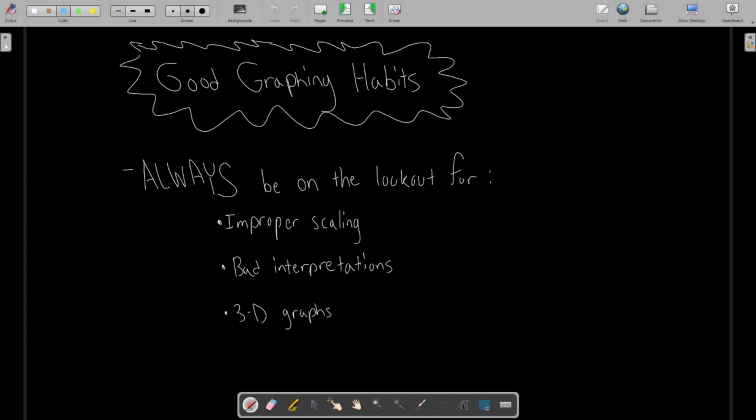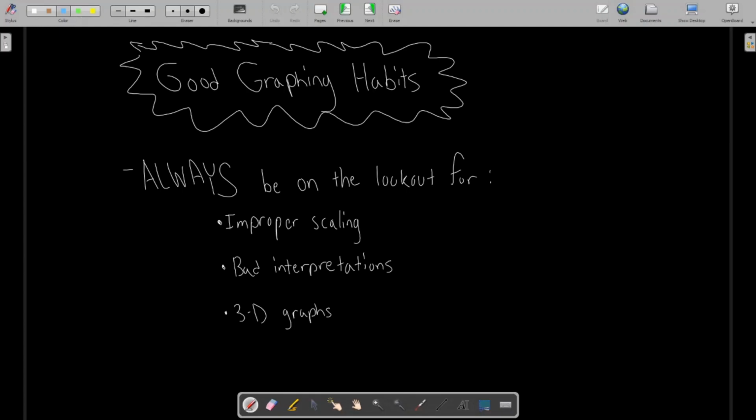So 3 things you want to be on the lookout for when you're seeing graphs in daily life is improper scaling, bad interpretations of the graph, and also 3D graphs. I'll get a little more into what that means in a second.